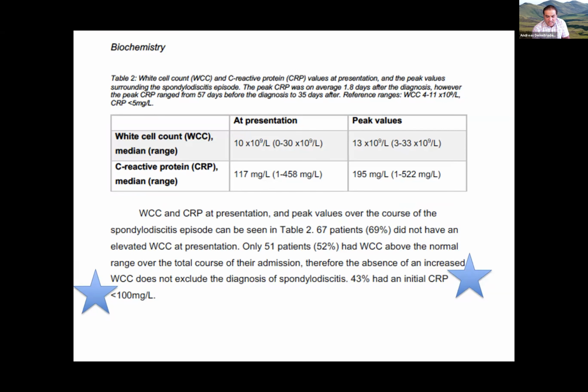So just like in this case, the absence of an increased white cell count does not exclude the diagnosis of spondylodiscitis. Hence, the MRI should be ordered if this diagnosis is suspected.